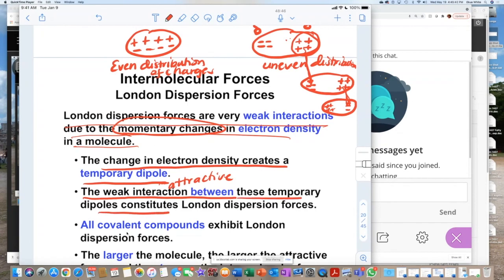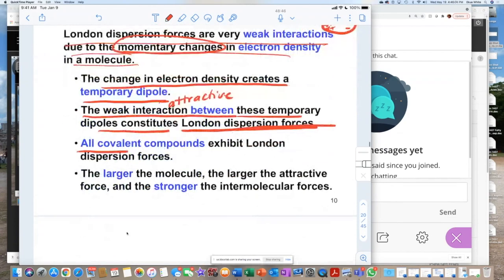These temporary dipoles make up the London dispersion force. In other words, you have all the guys in one corner of the room, all the girls in one corner of the room, and when you have the separation, in this case of charges, then the opposites begin to attract each other. And that attraction is called London dispersion force.